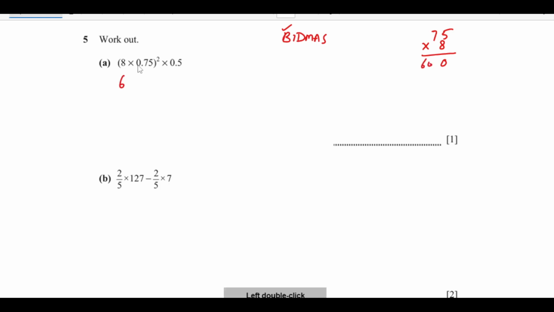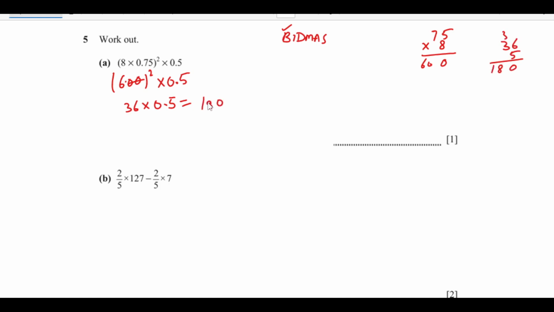So this is 600, but then there is a decimal place. I'll put the decimal here. Squared into 0.5. So this is 6 squared. Basically this is gone. 6 squared is 36 times 0.5, right? So 36 times 5, 180, and then there is one decimal here, so 18 is the final answer, right?